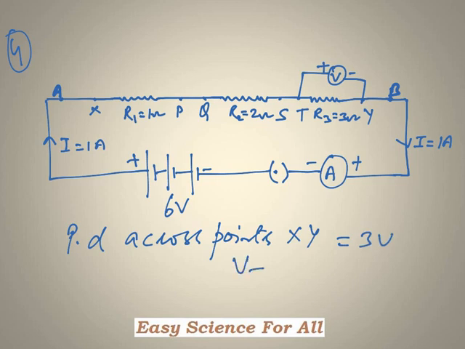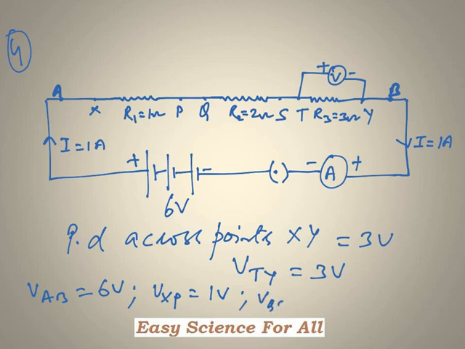Let us denote this potential difference by VTY and it will be 3 volt. So now we have four values with us. VAB is equal to 6 volt, VXP is equal to 1 volt, VQS is equal to 2 volt and VTY is equal to 3 volt.